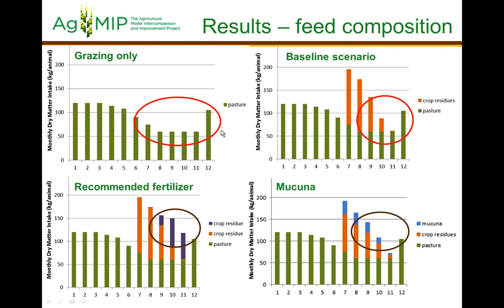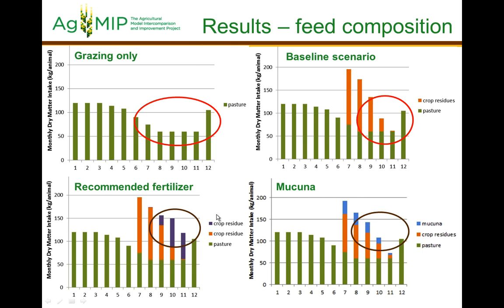Let's have a look then at feed composition and feed gaps in the different scenarios. So this is what you would see if the animals were only grazing. So then you would have a huge feed gap here in these months before the rains start. Now, of course, in reality, farmers feed crop residues to their animals. So the feed gap is only really severe in the months of, let's say, October, November.